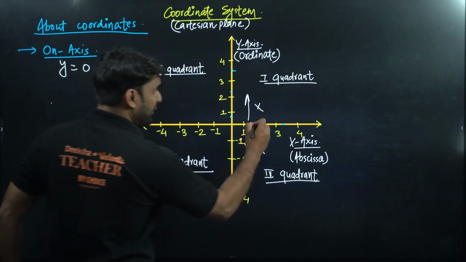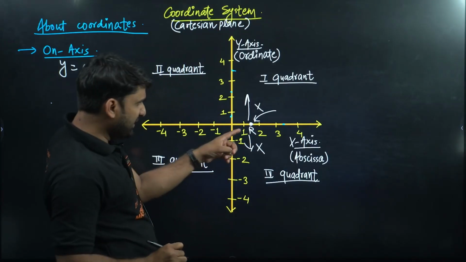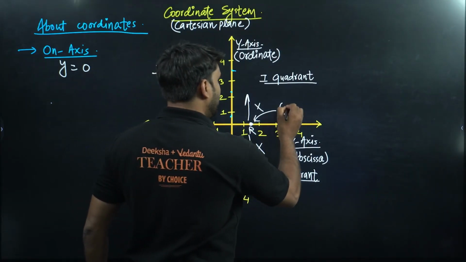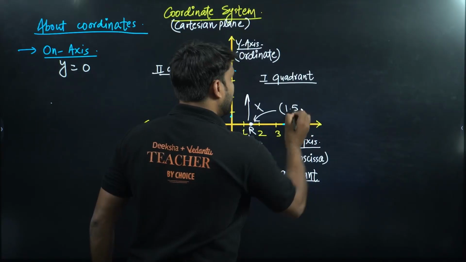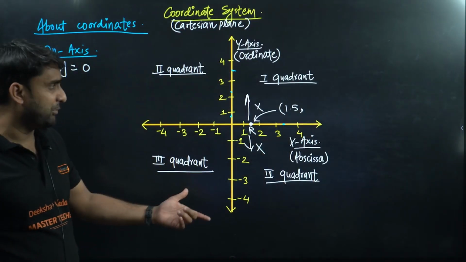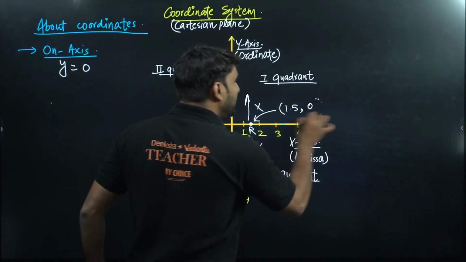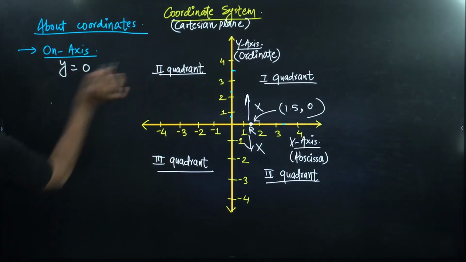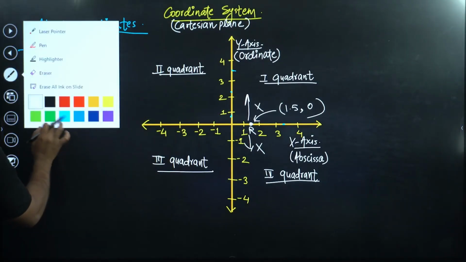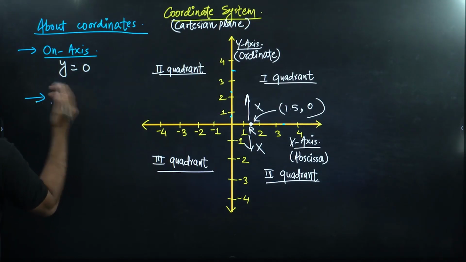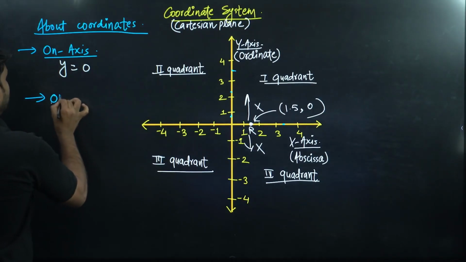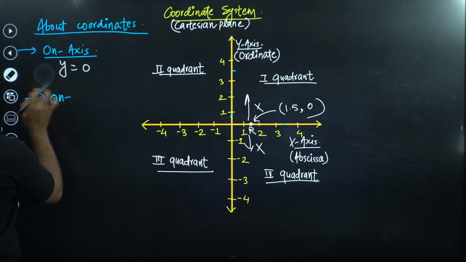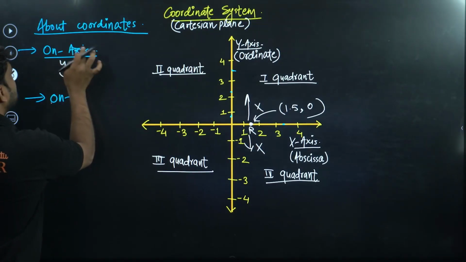So the coordinate of the point R will be, if we imagine the point R is in between 1 to 2, we can write 1.5, the average of the center of 1 to 2, and the y coordinate will be 0. So it is 1.5, 0. Second point: if any physical object is on this x-axis, I forgot to write here x-axis.